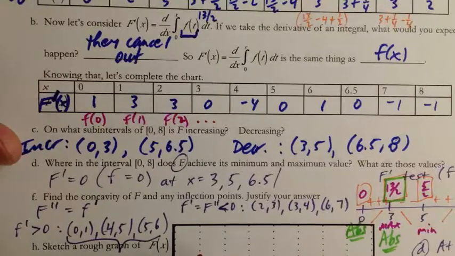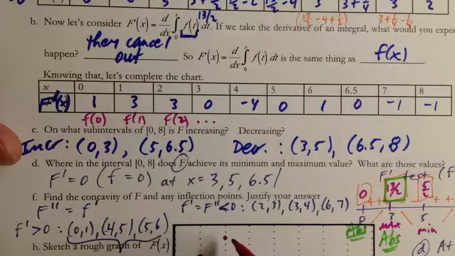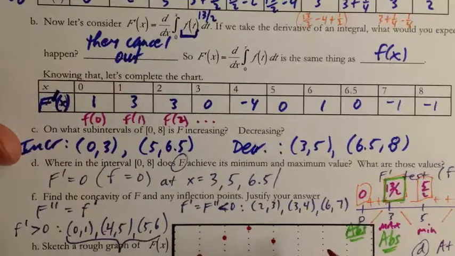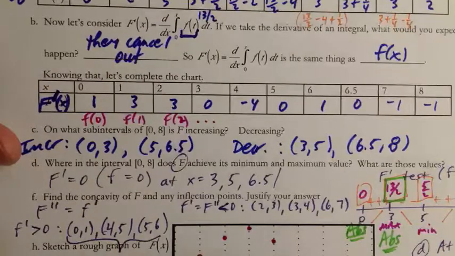Capital F of 2 is 13 halves, which is 6 1/2. And then we have 13 halves minus 4 halves is 9 halves, that's 4 1/2. And then 13 halves minus 8 halves, 5 halves, is 2 1/2 right there.